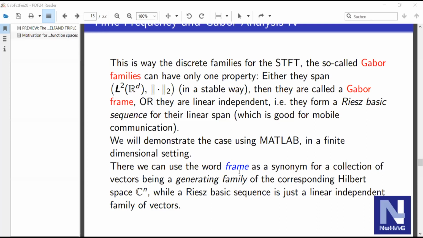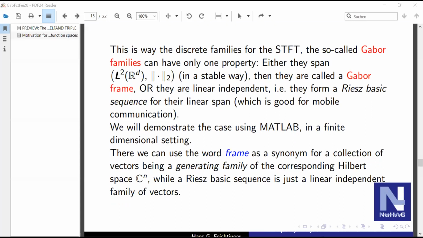So a frame in this terminology, from the linear algebra point of view, is just a linear spanning system, and a linear Riesz basic sequence is a linearly independent family. And the basis, we would say the elements, the columns of an invertible matrix, they're a general basis.